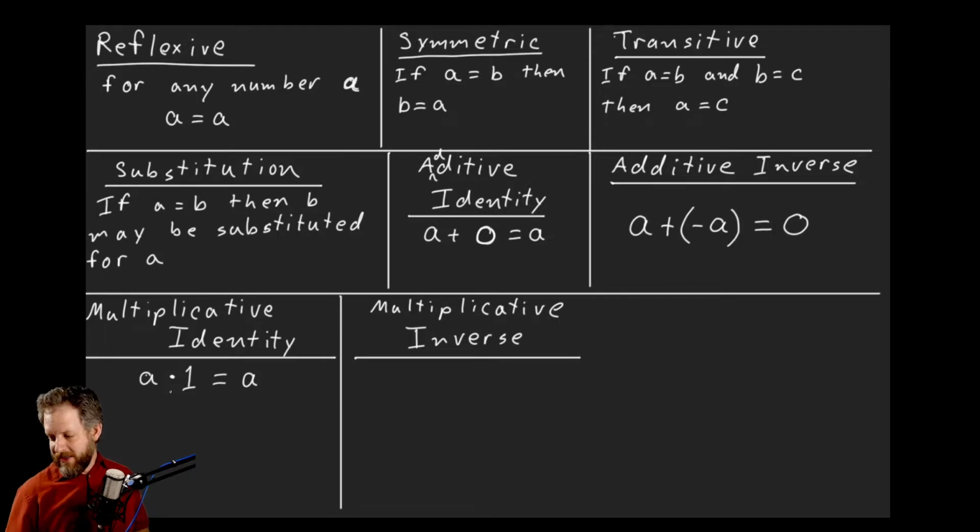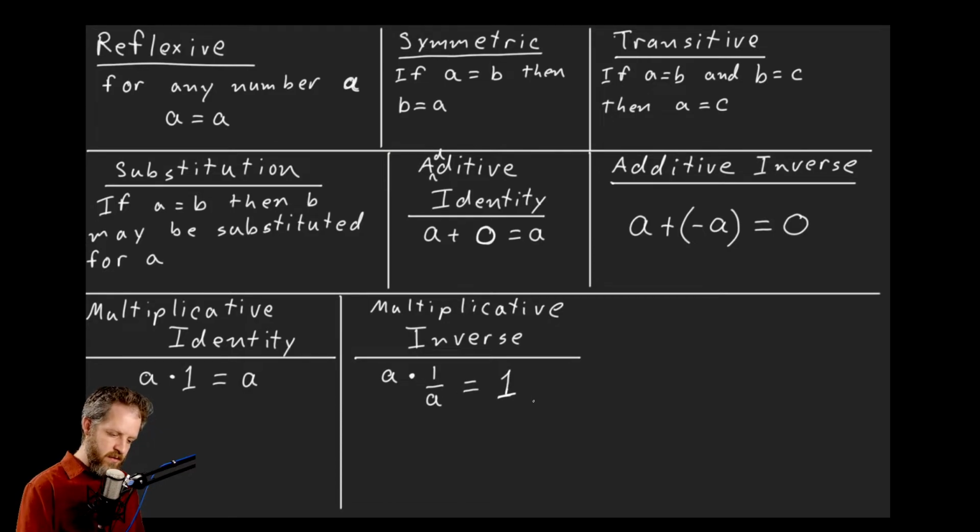So the way we write this is if we have A times 1 over A, that equals 1, right? I'm going to put this in a little bit of notes because I know fractions kind of scare people. They're not that scary. It's going to be okay. The reason this works is, how do we multiply fractions?